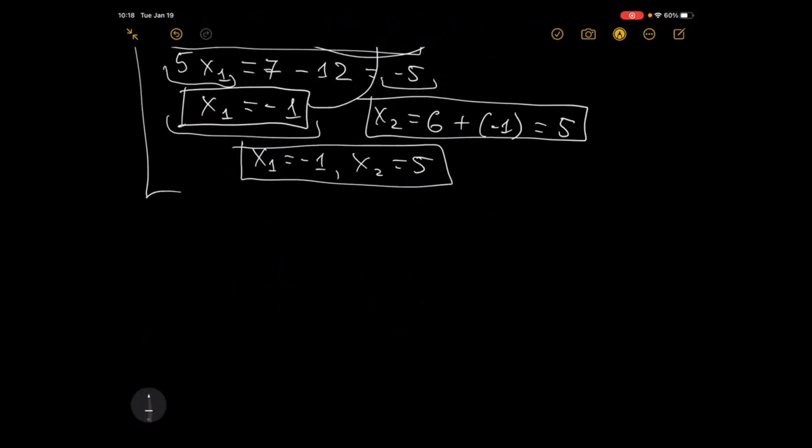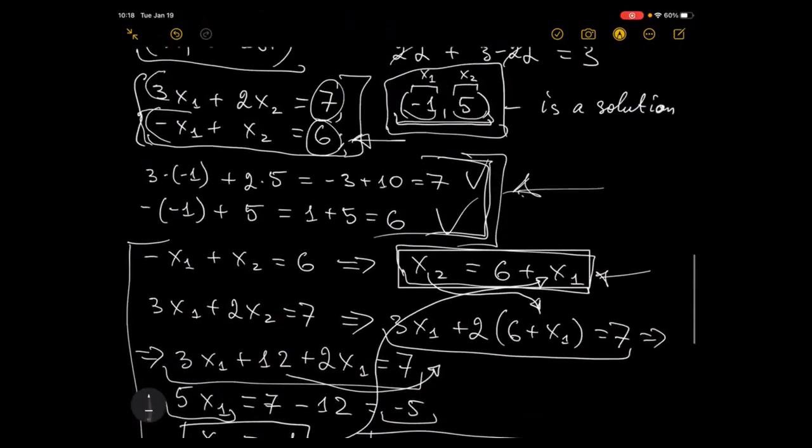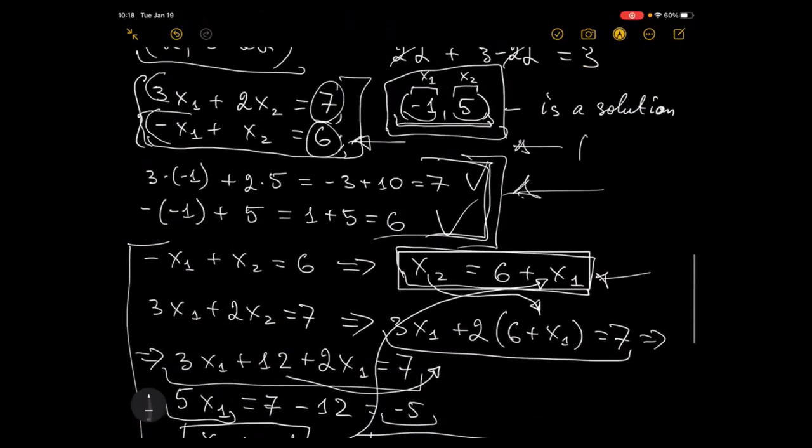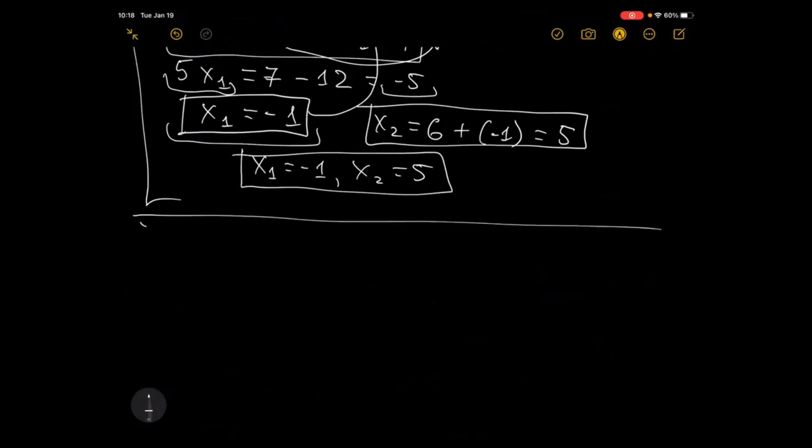By the way, here, if you will try to substitute 5 and -1, you will see that this is not a solution, because essentially the equations will not be satisfied. Clear? Clear or not? Yeah, it's clear. Yeah, thank you. So okay, now let us look at another example.